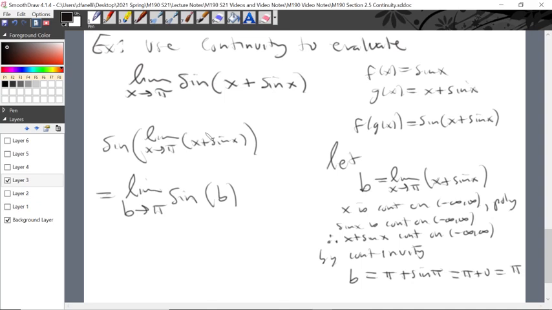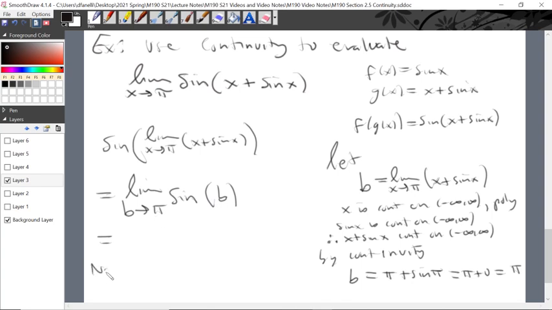So it's not that we're just taking the output of this and plugging it into that function. Remember that plugging into the function to do the limit is exactly what continuity tells us we're allowed to do if the function is continuous there. So what we have to check is whether the sine of b is continuous at pi.